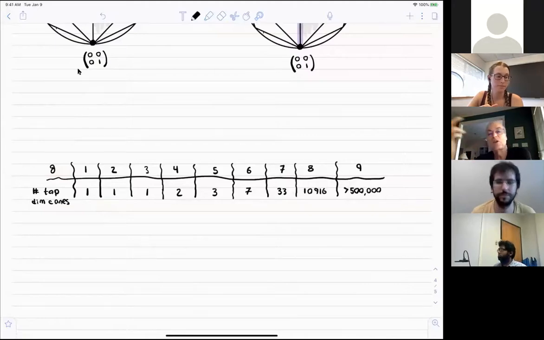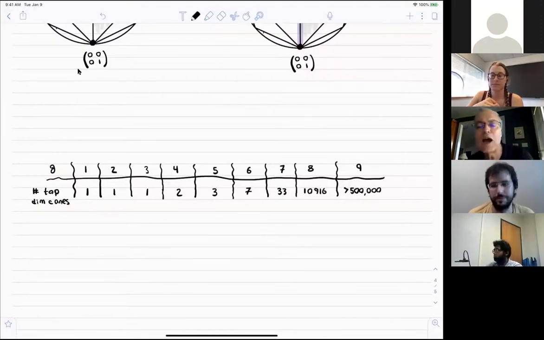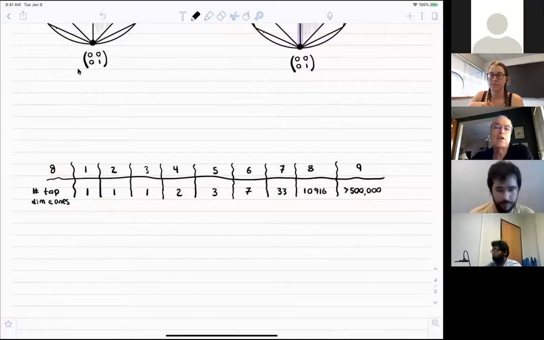In other words, when you do a toroidal compactification, you have cones of all kinds of dimensions depending on where you are. So you have codimension 1, codimension 2, codimension 3, and so on. And you went all the way up to the top depth, namely g. Right. So couldn't you go to some other depth? I mean, instead of doing top weight, why not do next to top weight? I mean, there should be a complex there too.